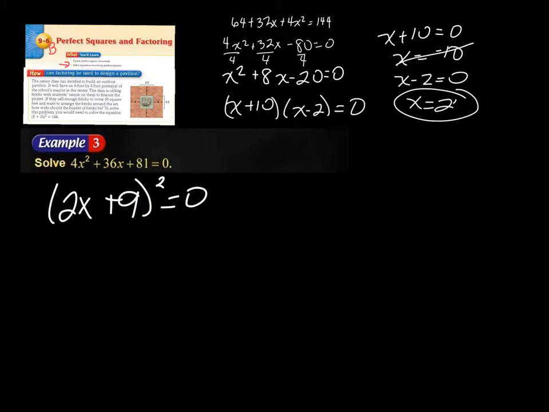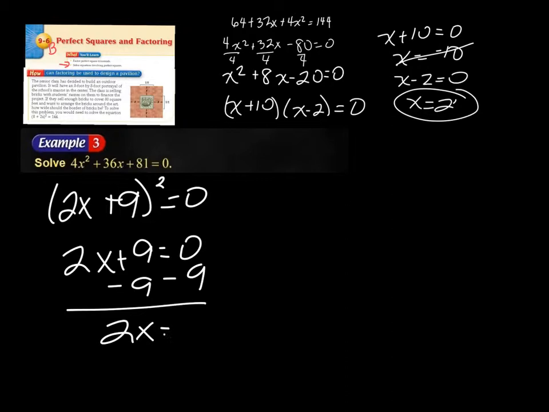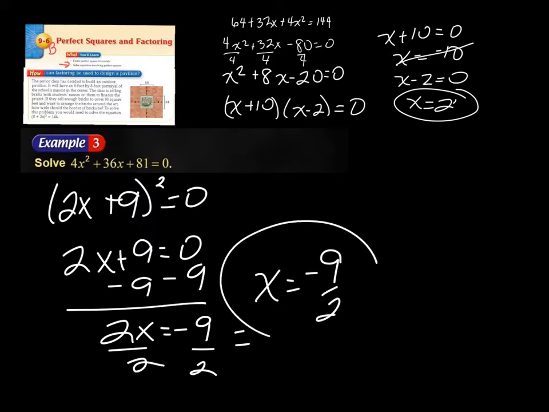So now I can just take the square root of both sides, and I have 2x plus 9 equals 0, and we're home free. Subtract 9, divide by 2. So this time we're only going to get one answer because it's a double root. It's an answer twice, but we only list it once.